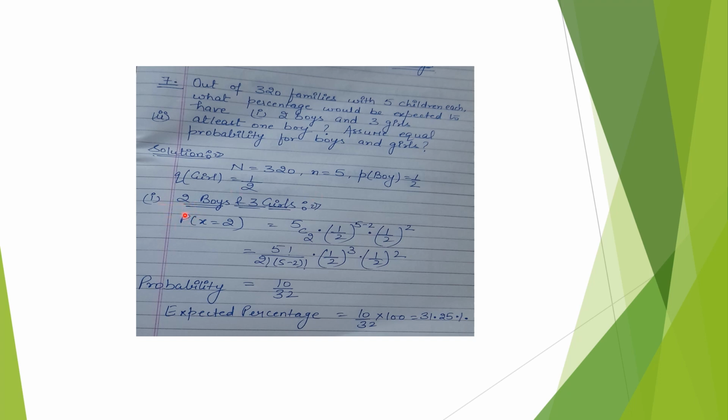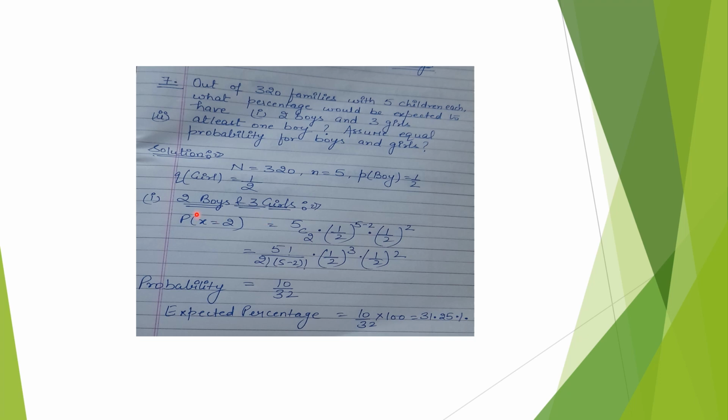Under the first point, they are asking us to calculate the probability for 2 boys and 3 girls, and this is clearly a confusion point, because each and every family has 5 children, and out of these 5 children, it is very obvious that when they are asking for the probability of 2 boys, the other 3 children will be girls.